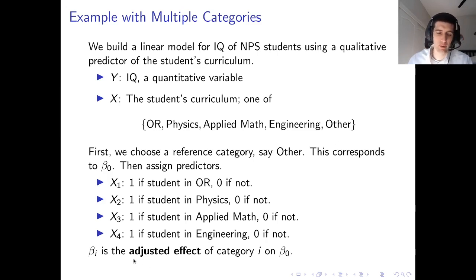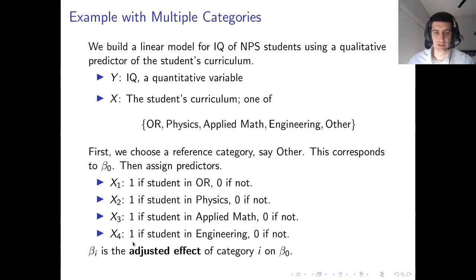Again, there's a lot of vocabulary being thrown around here: contrast, adjusted effect, reference category, all these things. It's not always this way in statistics, but I find this language pretty much describes what's going on in a good way. When you say adjusted effect, you're like, okay, you're adjusting.